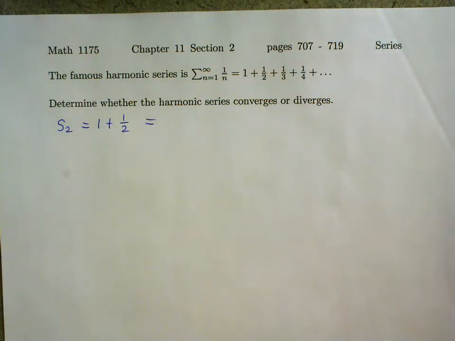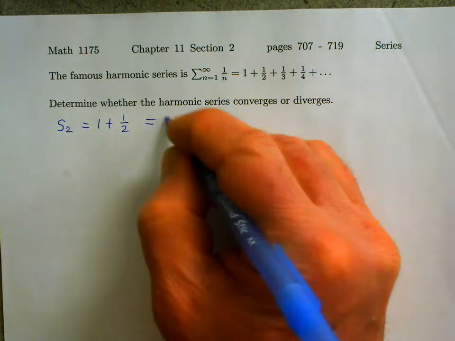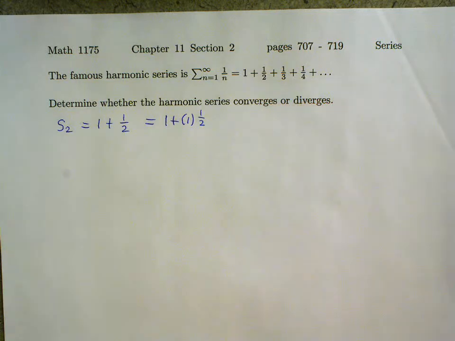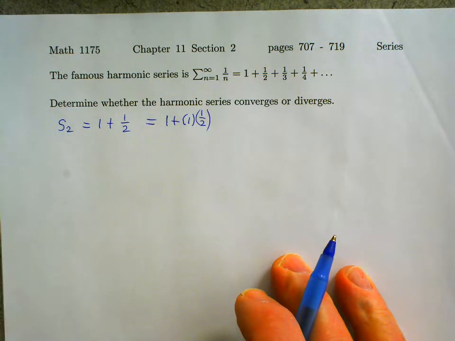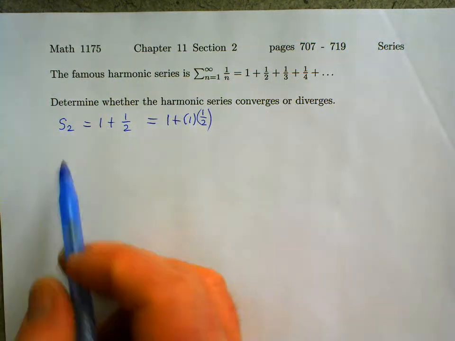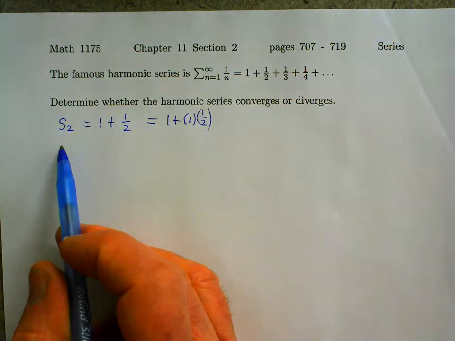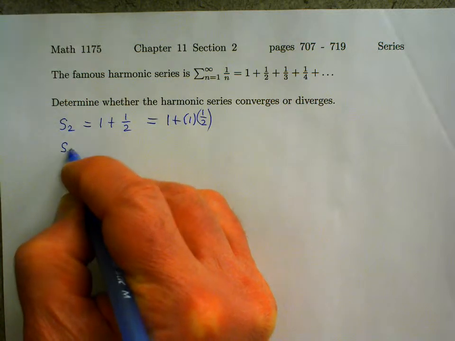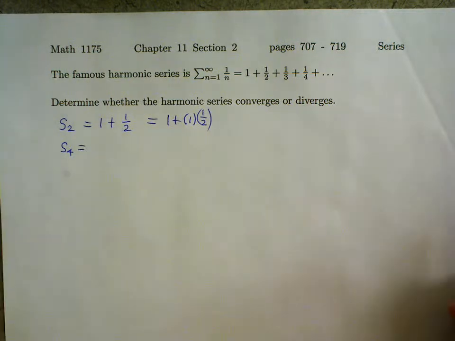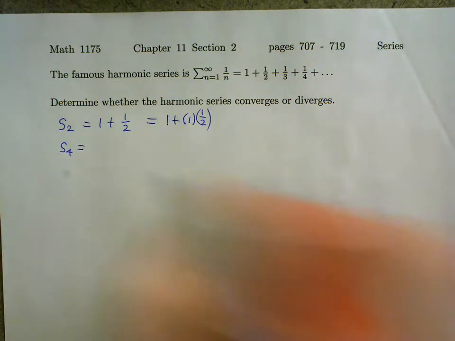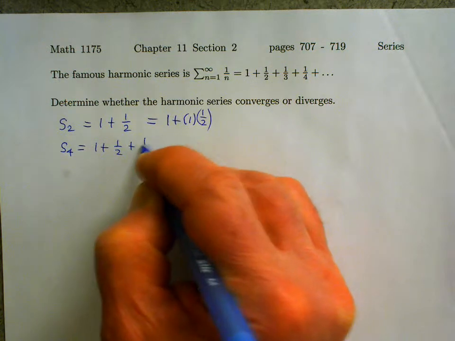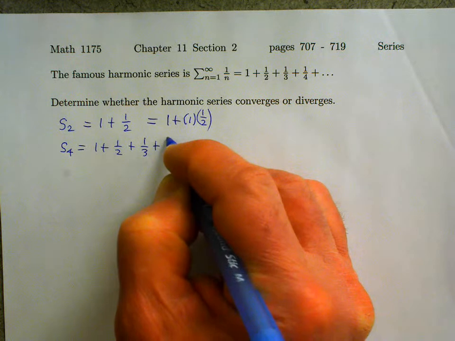And we'll just note that this is 1 plus 1 times 1/2. Okay, the next term from the sequence of partial sums that I'm going to pick is S sub 4. So here we add the first four terms, 1 plus 1/2 plus 1/3 plus 1/4.